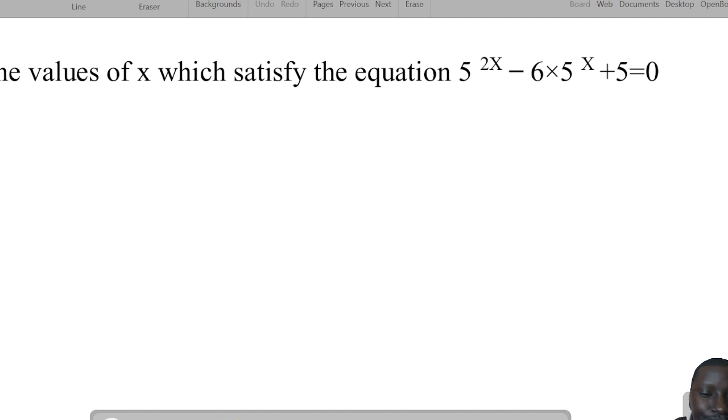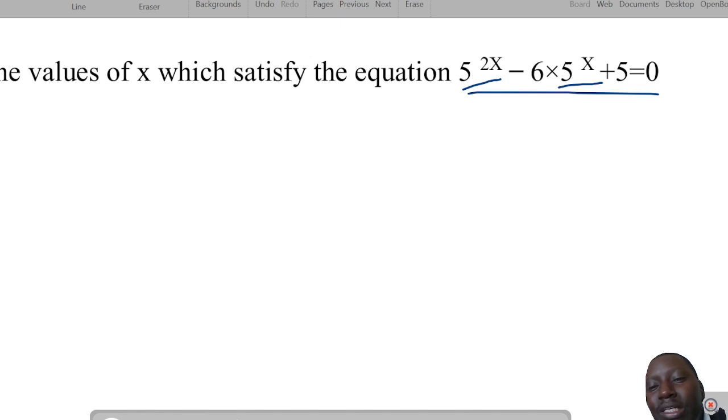Very well. That's what we have. And I want you to really figure the equation out from this point. I have 6 times 5 power x. Then I have 5 to the power of 2x.